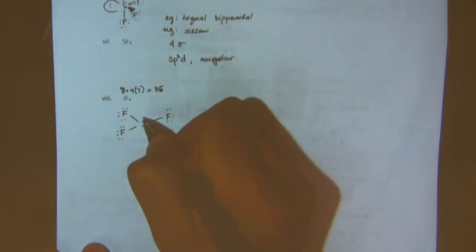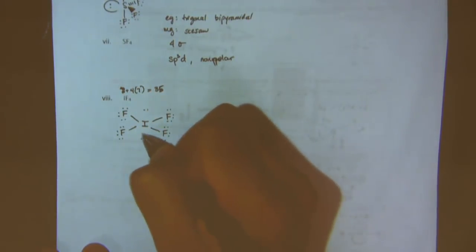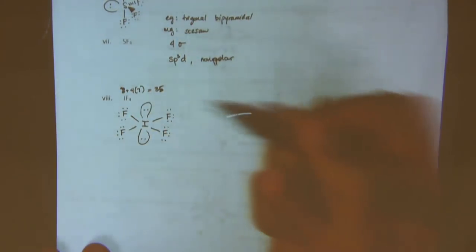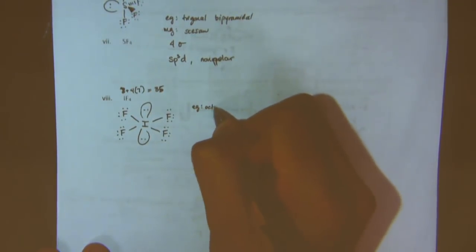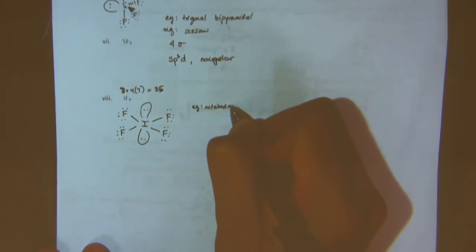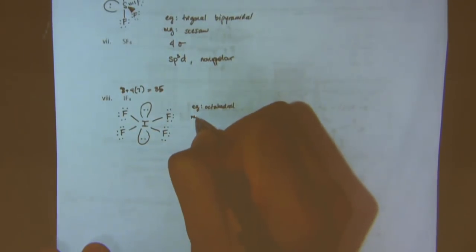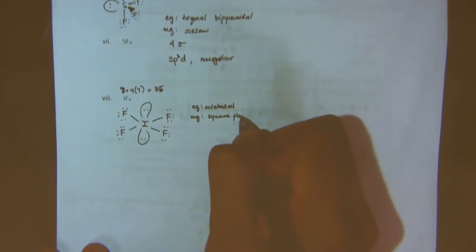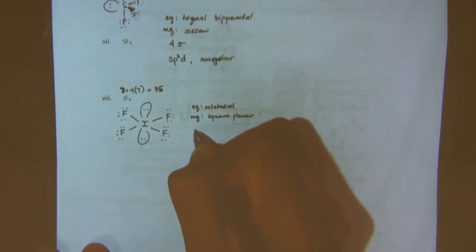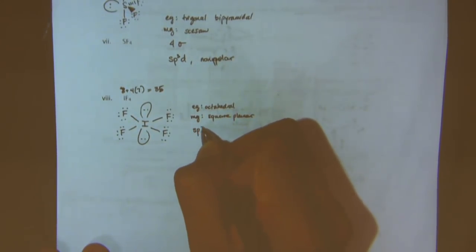So we would have a total of 35. So we would have 2 lone pairs up and down here to accommodate for that. And the electron geometry would be octahedral. The molecular geometry would be square planar. And since there are 6 groups, the hybridization would be sp3d2.